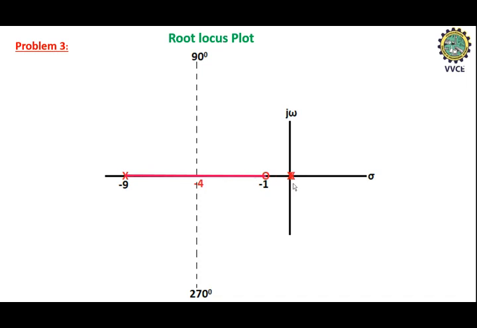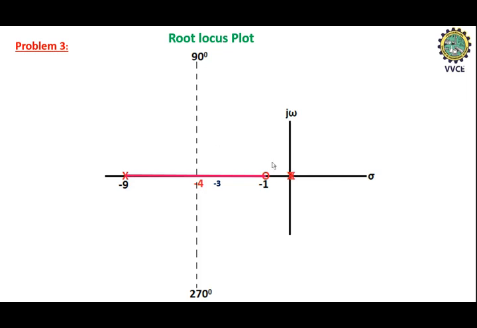After that, for these two poles, we need to show the direction in which they are moving. For that, the breakaway point is -3. This pole should cross this -3 breakaway point and move to any one of these directions, that is 90 degree or 270 degree, and there is no intersection point on the j omega axis. It need not pass the j omega axis.